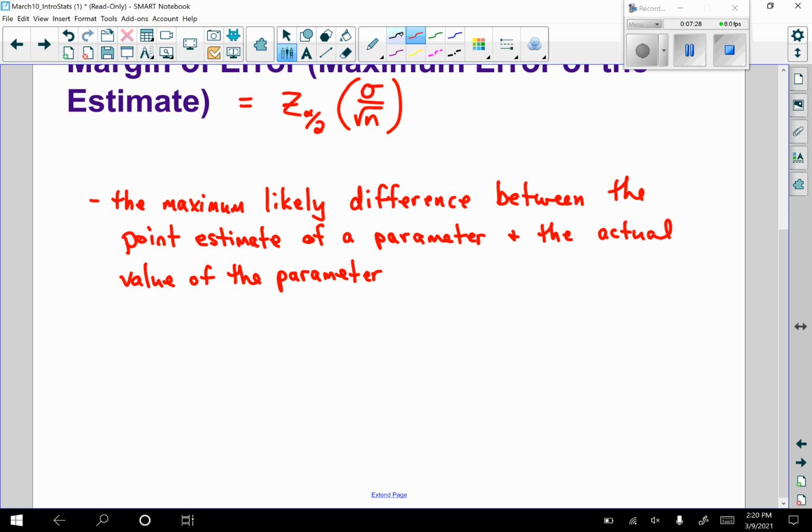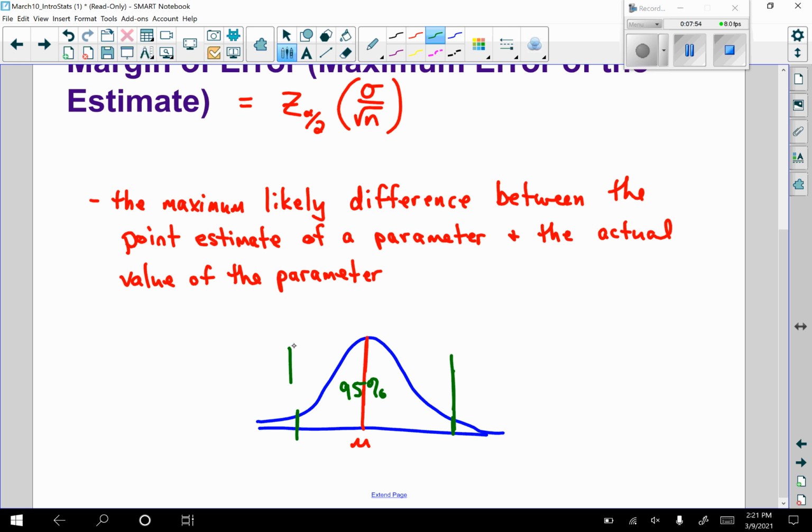So again, this is showing it constructed in our standard normal distribution. Let's say this is where our population mean would be, and let's say we're looking at 95% in the middle.